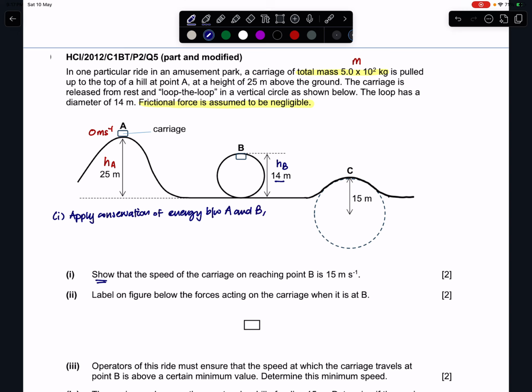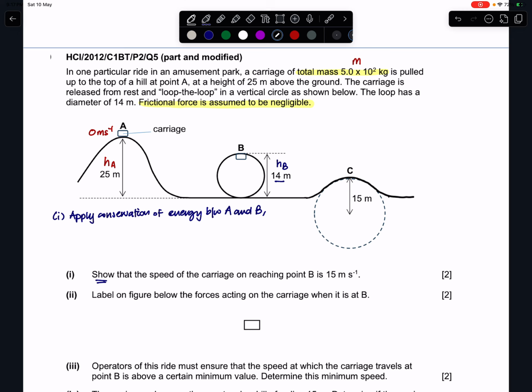These will be the 2 points where we apply it. Since there is no frictional force and no air resistance, there is no external work done by anything. So we'll be able to assume that the initial kinetic energy plus the initial potential energy of the system is equal to the final kinetic energy plus the final potential energy of the system. What forms of potential energy do we have? Gravitational potential energy.